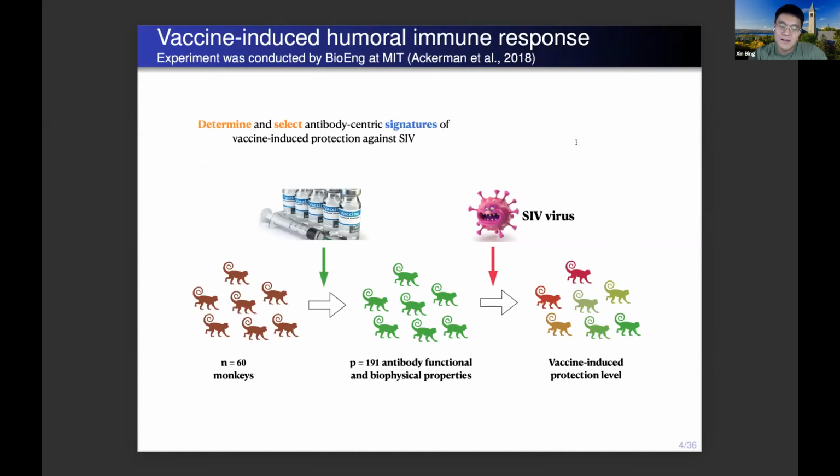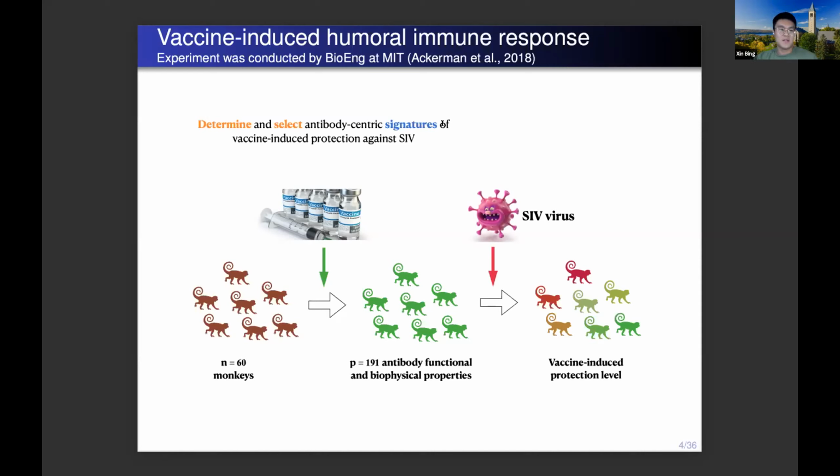After being vaccinated, researchers measured their different antibody functional and biophysical properties. There are 191 of them. And then the monkeys were unfortunately injected with the SIV virus. The SIV virus is really the analog of HIV for monkeys. And then in the end, different levels of vaccine-induced protection were recorded for each monkey.